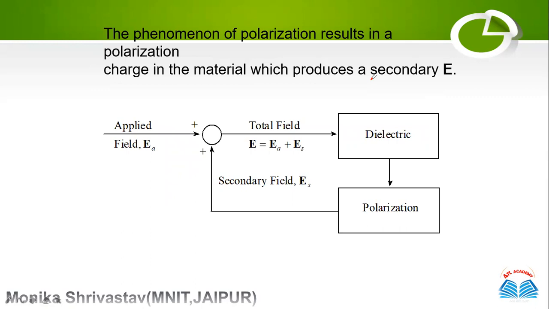The same phenomenon was generated in the conductors too, but here it is dominating. The secondary electric field will dominate and it will have its specific formula too. So we have some applied electric field EA, which we are applying at this one atom. What will be the total electric field? The total electric field will be the applied electric field plus the secondary electric field generated.